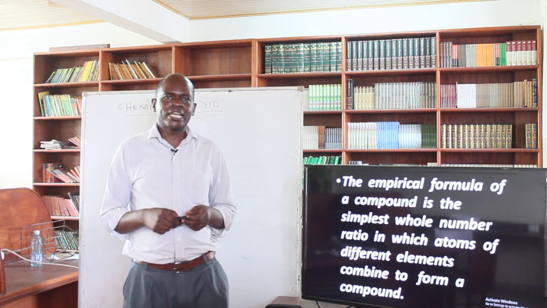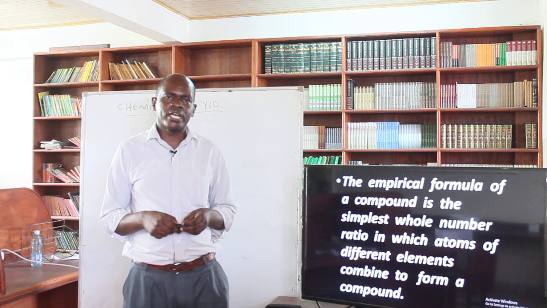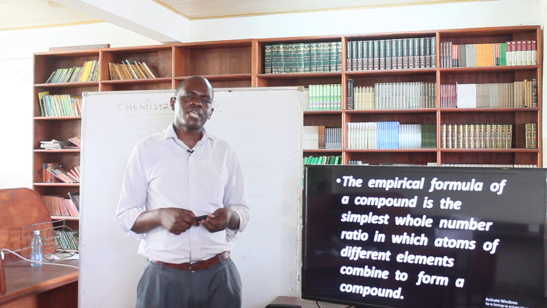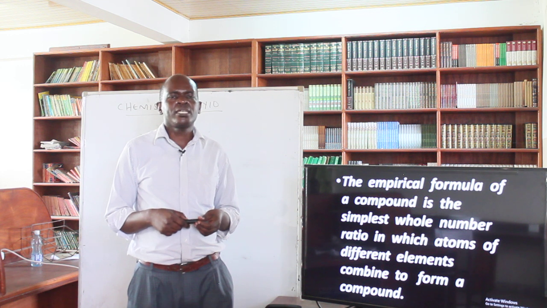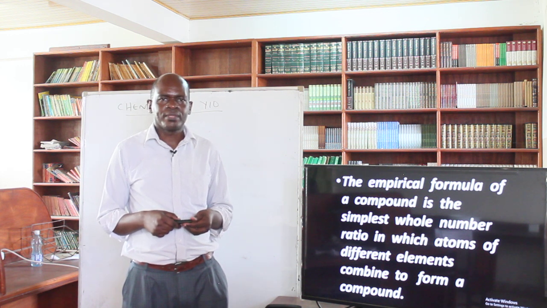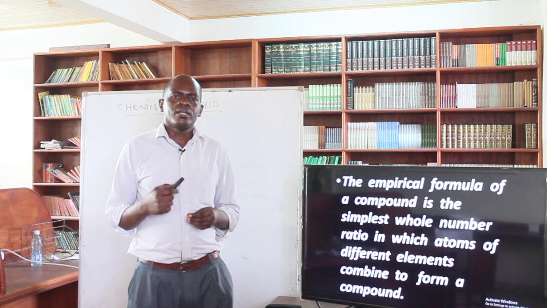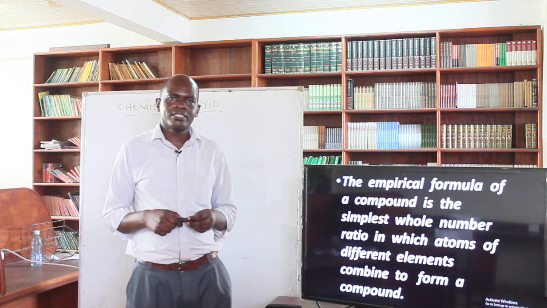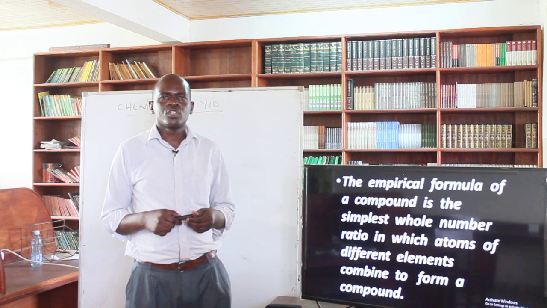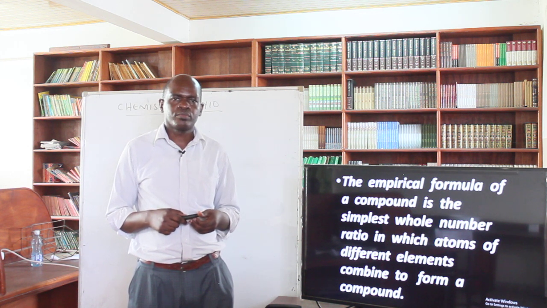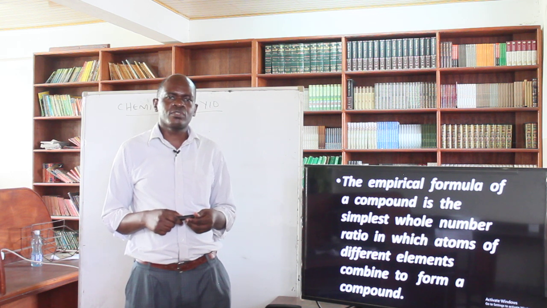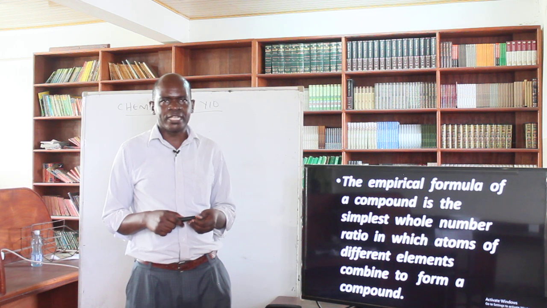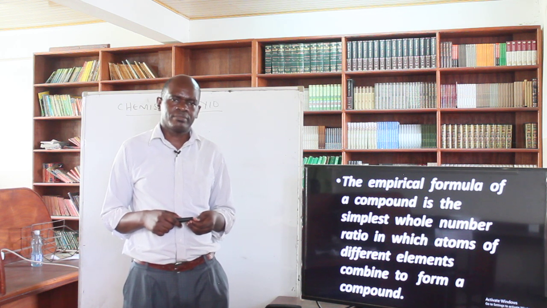But before we look at the calculations themselves, we need to look at the definitions of each of the two terms, that is the empirical formula and the molecular formula. To start with, the empirical formula of a compound is normally defined as the simplest whole-number ratio in which the atoms of the different elements are combined, resulting in the formation of a compound.